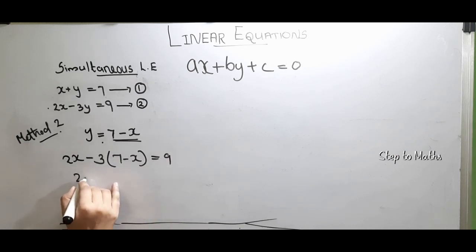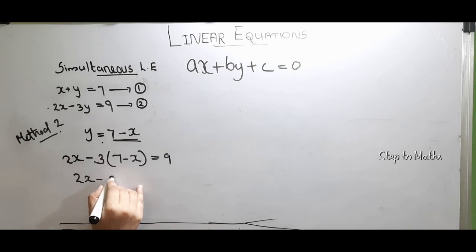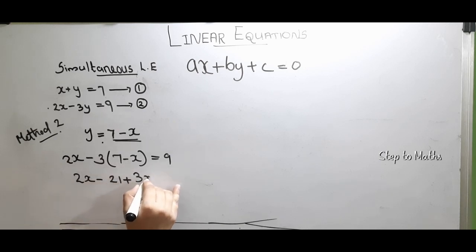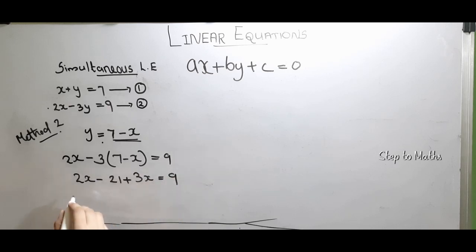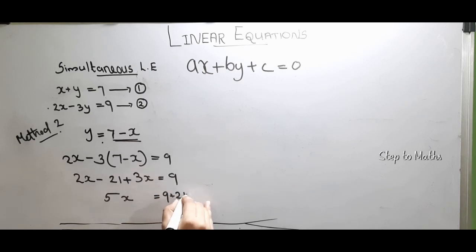Just rearrange it: 2x - 21 + 3x = 9. 5x = 9 + 21 = 30. x = 30 divided by 5. We get x = 6.